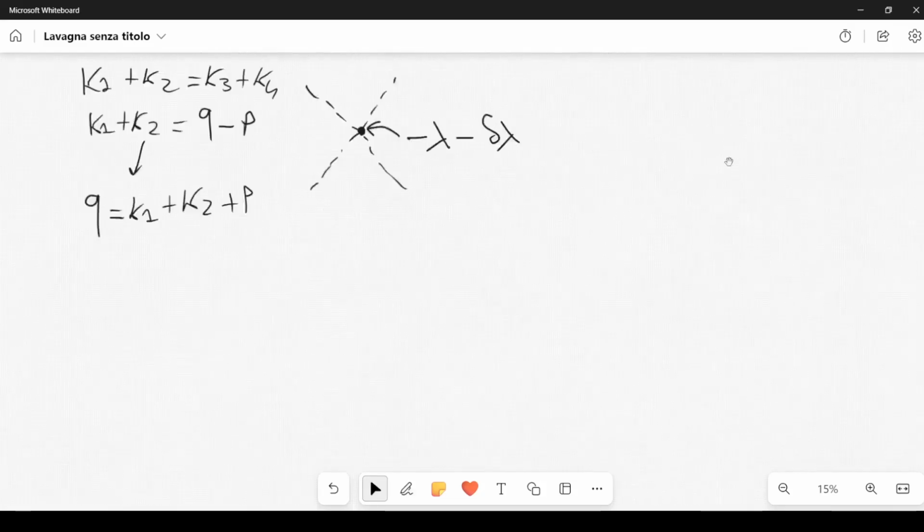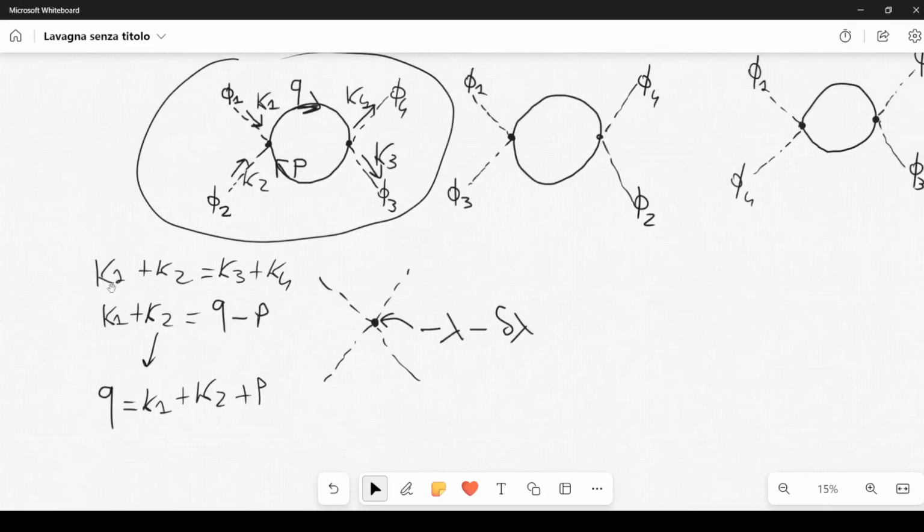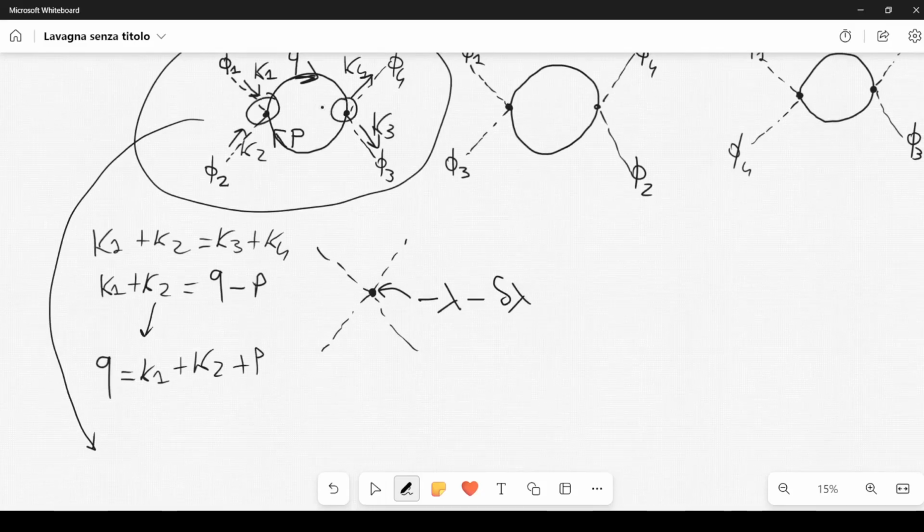And the integral that will arise from this graph is the following. Since we have these two vertices, to each vertex I will associate the constant minus lambda. In principle, I could also have minus delta lambda because it's a correction to the constant that we have.